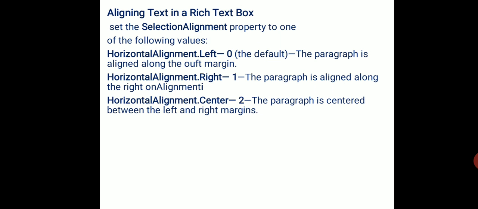The paragraph is aligned along the left margin. HorizontalAlignment.Right: the paragraph is aligned along the right margin. And HorizontalAlignment.Center: the paragraph is centered between the left and right margins. So we have three alignments, that is left, right and center.